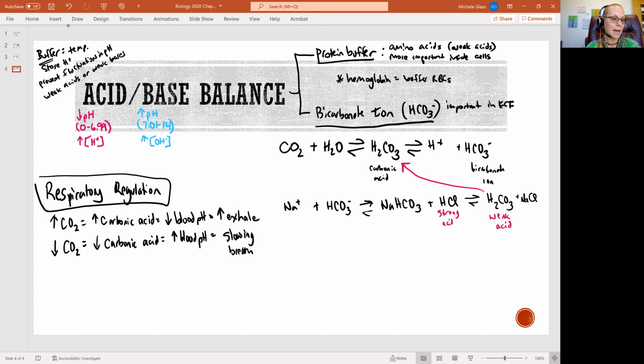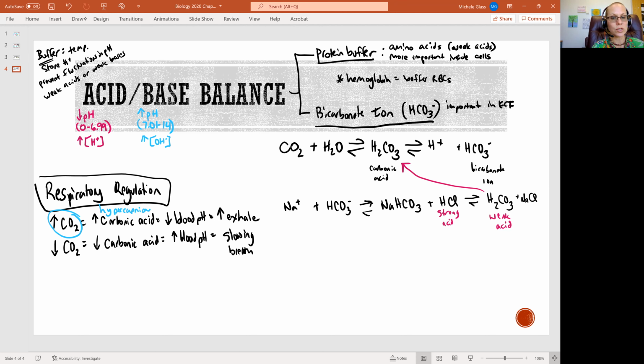When we are talking about abnormal levels of carbon dioxide gas, we have a name. So when we have a really high level of CO2, we can call that hypercapnia. And so this can be caused by respiratory distress.